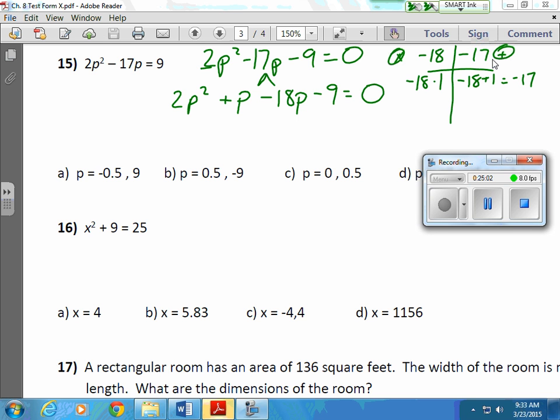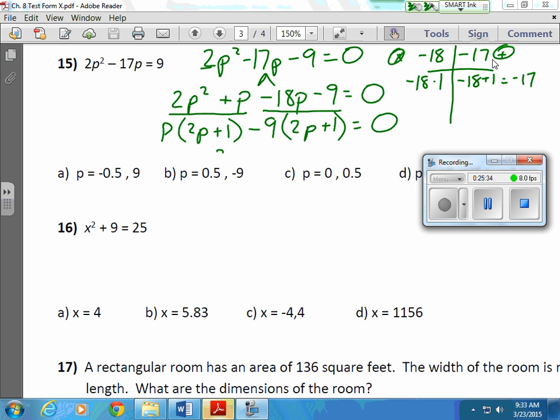I put them in that order so that those two would have a p in common, those two would have a 9 in common. Makes it a little easier sometimes. So take the p outside, and you get 2p plus 1. Take a negative 9 out, you get 2p plus 1.